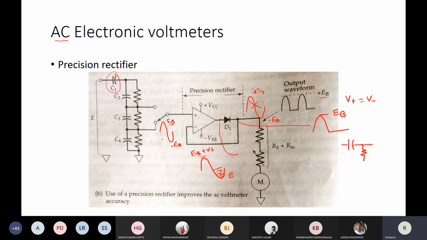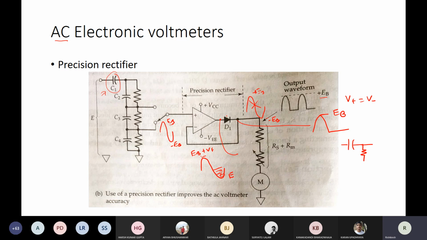Probably after a few lectures we may come to this point, but since you have not studied op-amp, let us not discuss the differential capacitance and the common mode capacitance associated with op-amp. For the time being, only consider that this is used for filtering of DC quantities in the input.